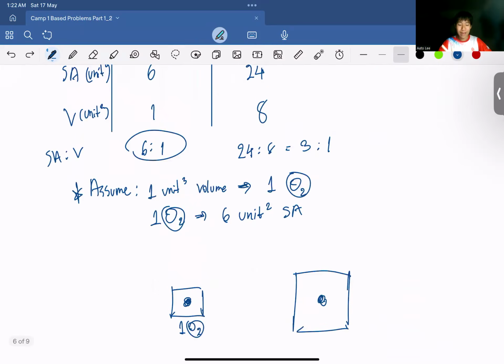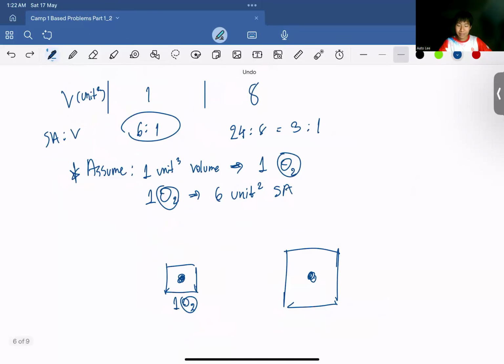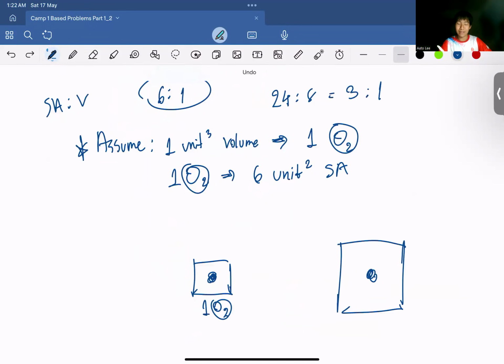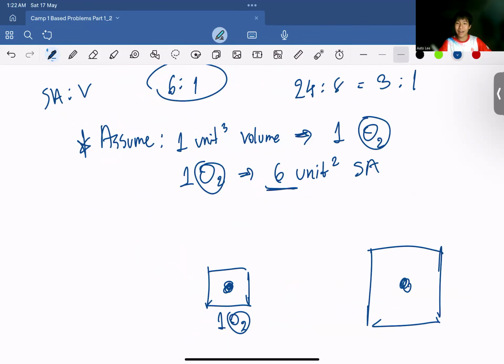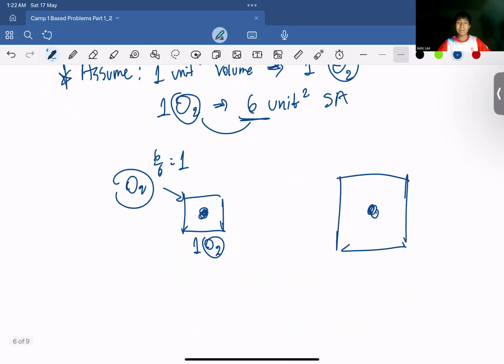And we know that our little cell here has a surface area of 6, and we know that 6 units of surface area will give us one chunk of oxygen. So one chunk of oxygen will be able to come inside the cell. If we do a bit of calculation here, yep, here we go.